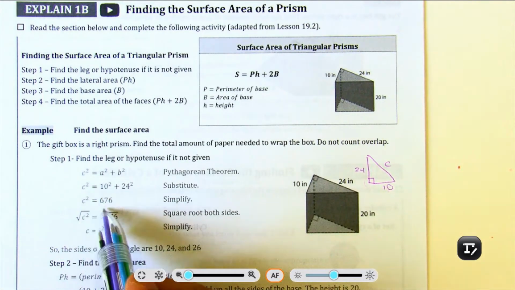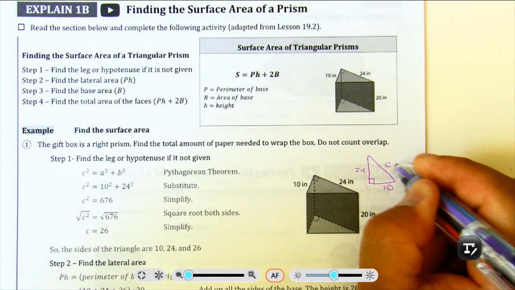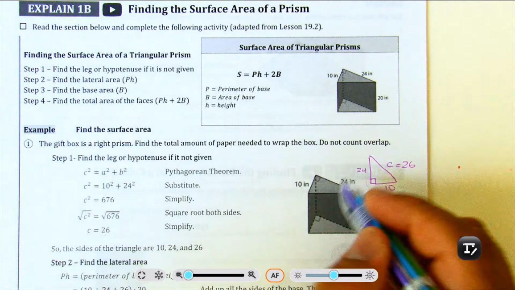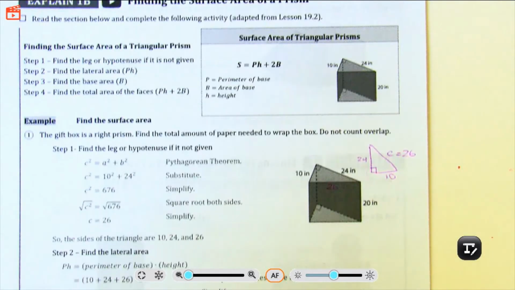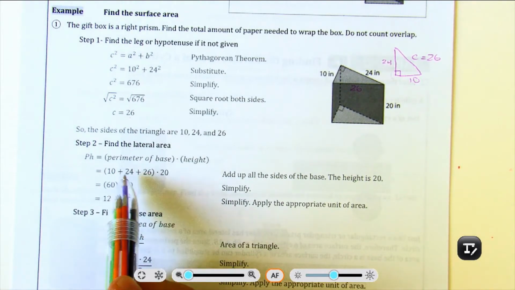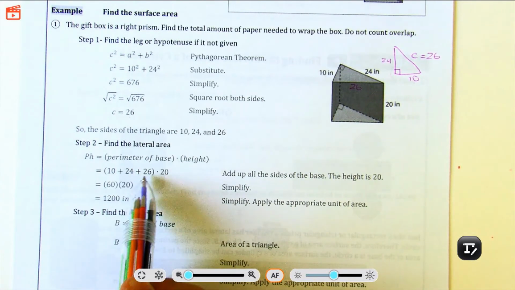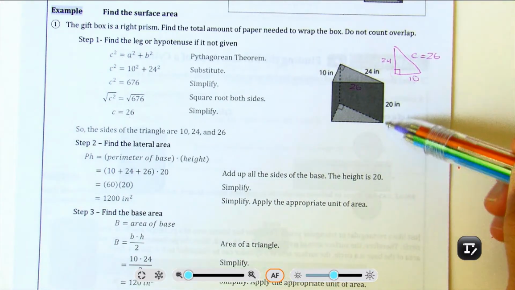Now that I know this piece is 26, I can find the perimeter. The perimeter is 10 plus 24 plus 26. The height is 20. So the height of the object is 20. So now I end up with 1,200.